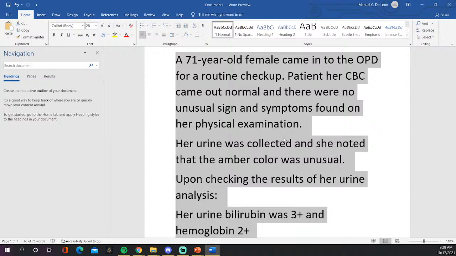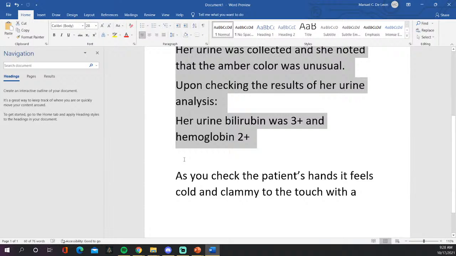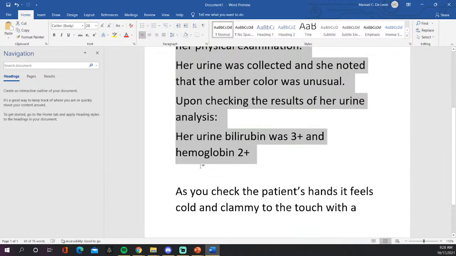Urine was collected, normal. There's no hemoglobin and bilirubin present. Upon making a smear, the technologist noted smudge cells. Which of the following would be the probable diagnosis? That's a question actually in the board exam September 2020.